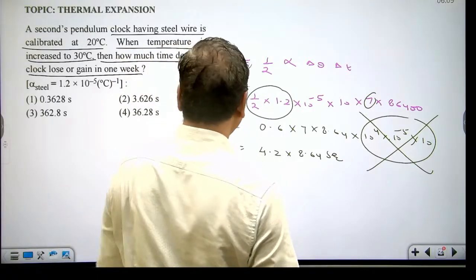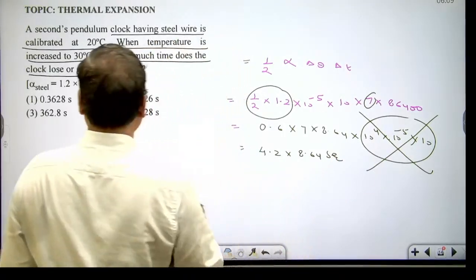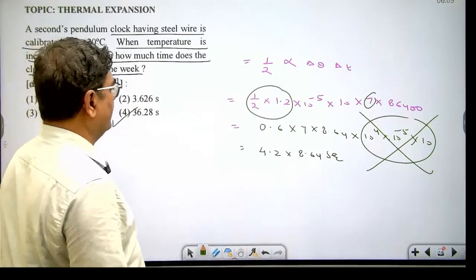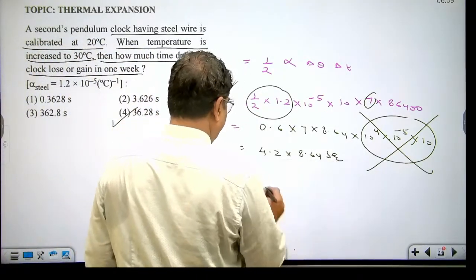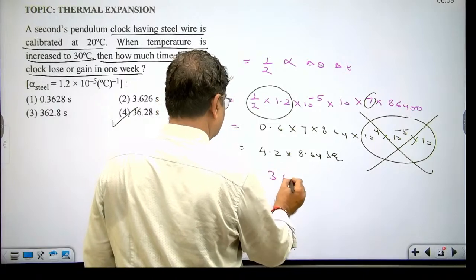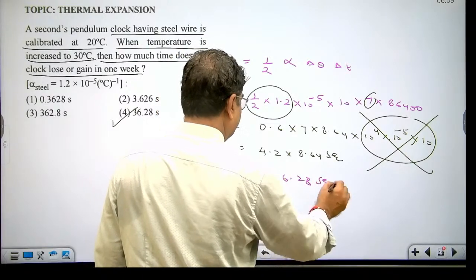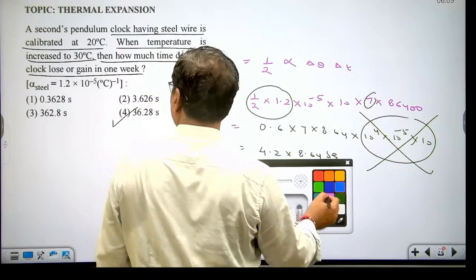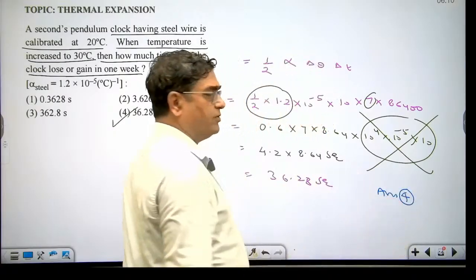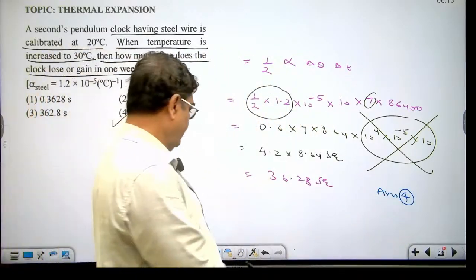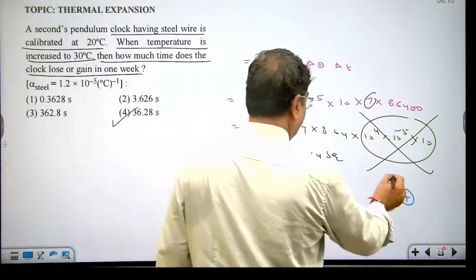Now 8 into 4 is 32. It can be seen that the option is 36.28 seconds. No need to solve further because this is an objective question. So the answer is 36.28 seconds. Out of 4 choices, the correct choice is option 4.